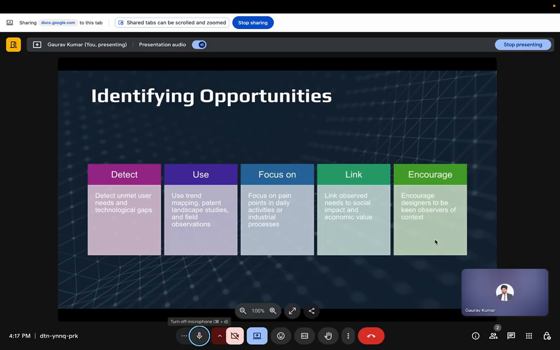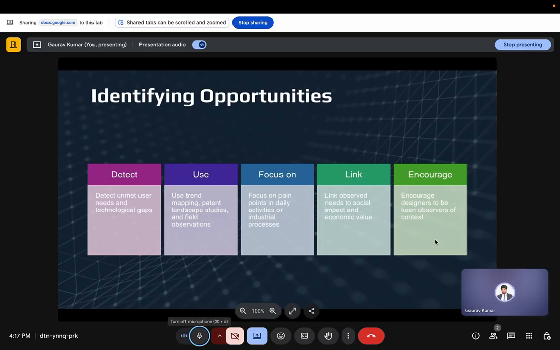Micro tools, which are field notes, shadowing, and diaries, reveal the lived realities. This dual lens prevents fashionable but irrelevant projects.